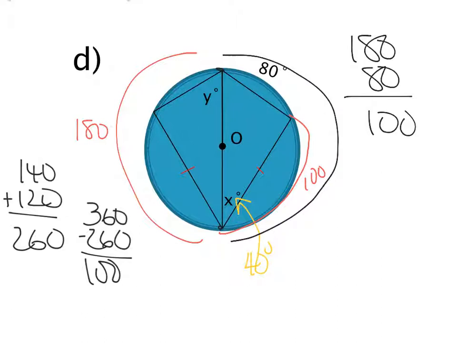So if this arc over here is 100, which is the intercepted arc for this chord, then this one here is also 100. So then once I find the intercepted arc for angle Y, which is 100, I can divide it by 2, and I know Y is 50.